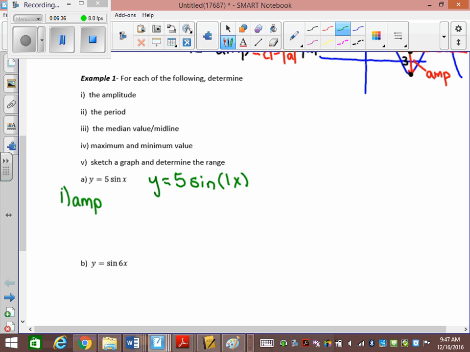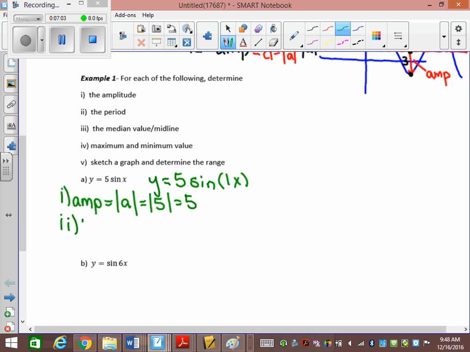My amplitude is just the absolute value of A. What's my A? 5. So it's the absolute value of 5, which is 5. So this graph has a distance of what to what from the min to the max? Trick question. 10. Because remember, amplitude is just half the distance, right? So from min to max would be 10.